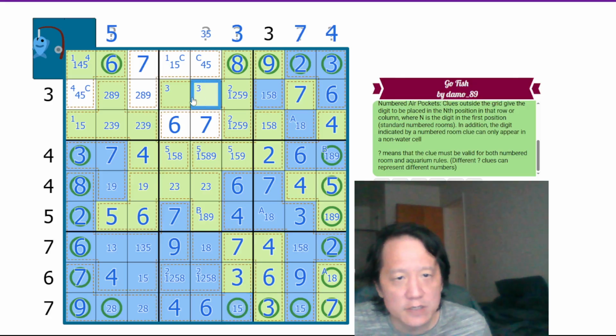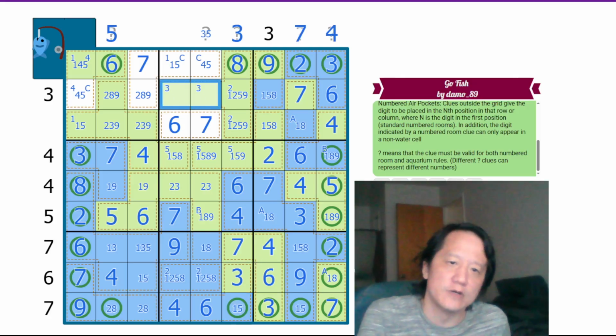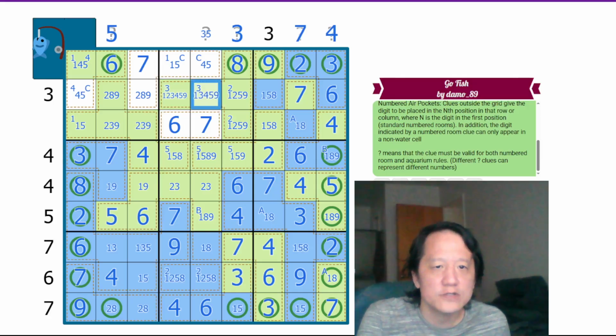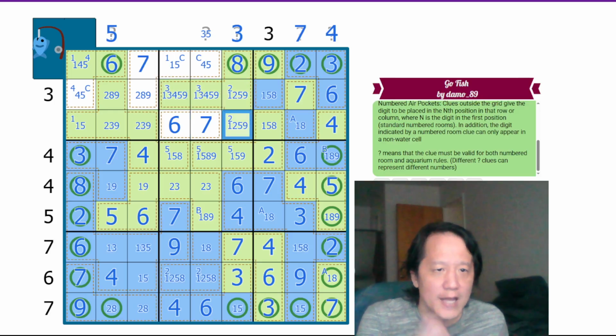Remaining digits of row 2. We have 1, 2, 3, 4, 5, 8, 9. Cannot be 8 because of 8 in the box. 2 can't be here because 2 has to be one of those digits.